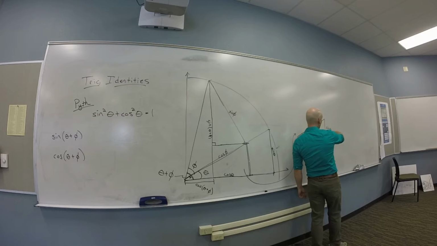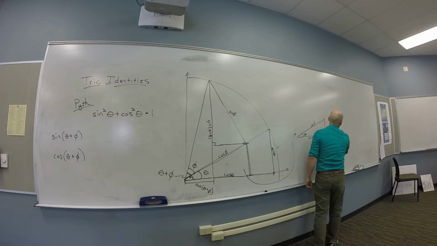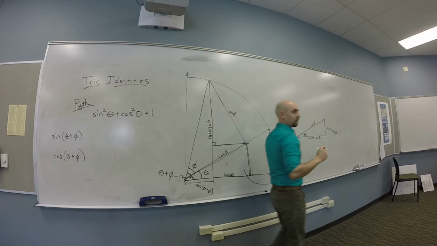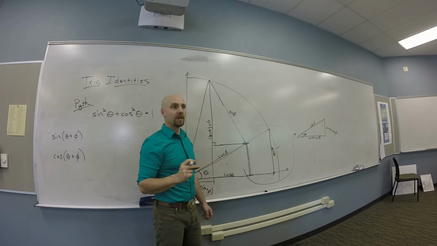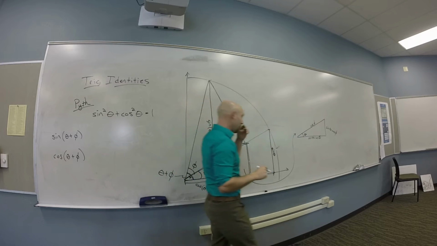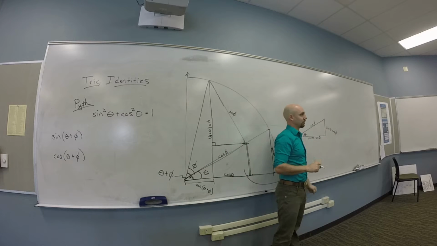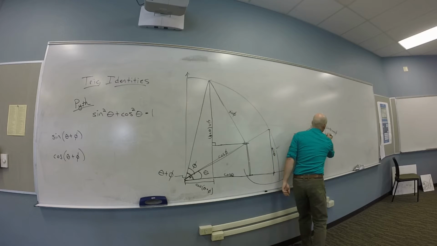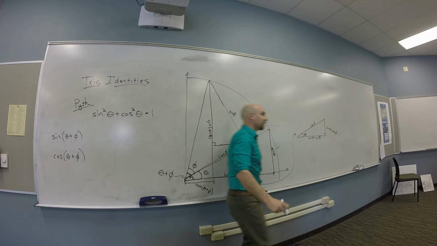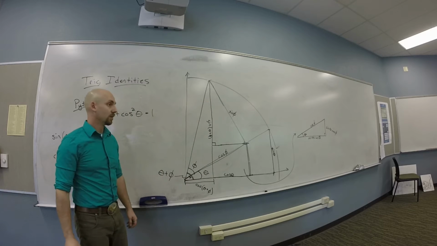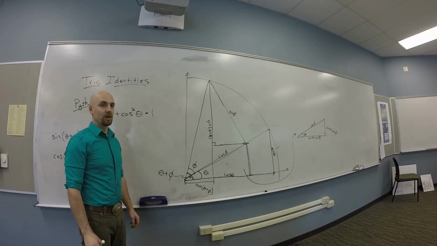So this guy is sine theta times cosine phi. If you want to get opposite sides, you take the sine and then multiply by the radius. It should be noted that that was a right triangle, so it's valid to actually do trig in there. Guys good on that one?